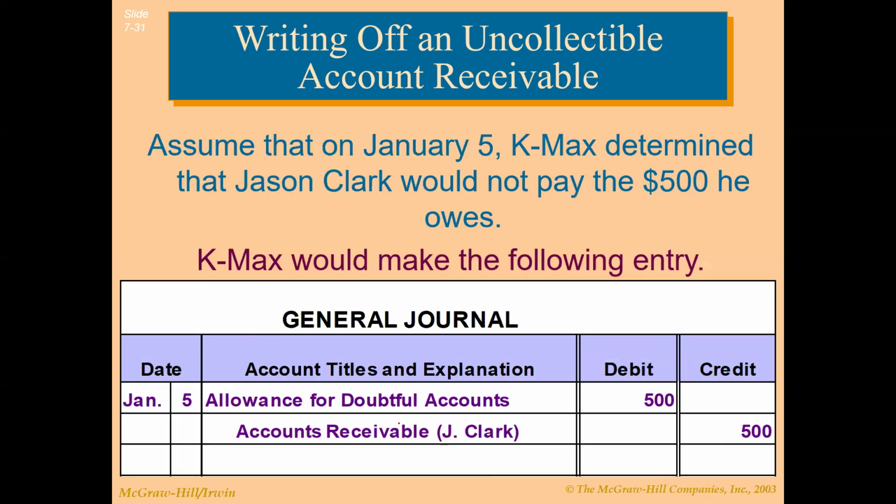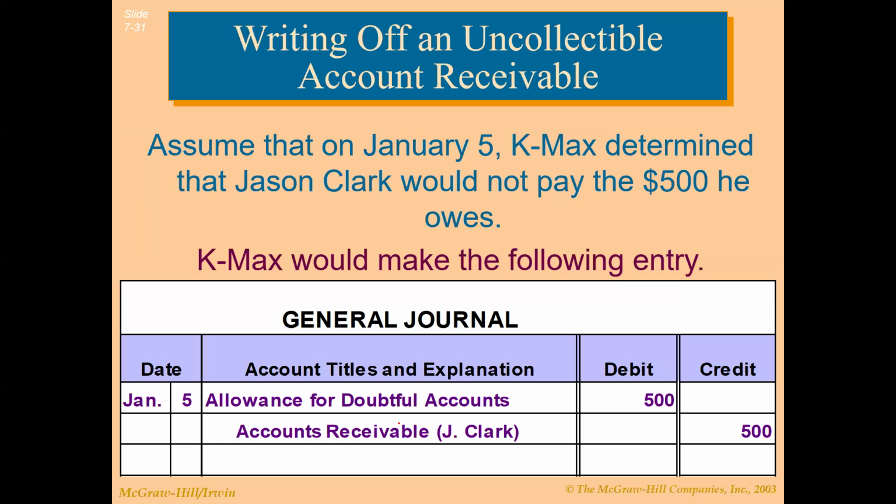For example, here assume that on January 5, KMX determined that Justin Clark would not pay the 500 he owes, because he will have to pay 500 to your business, but now he is not able to pay you back for a number of possible reasons.